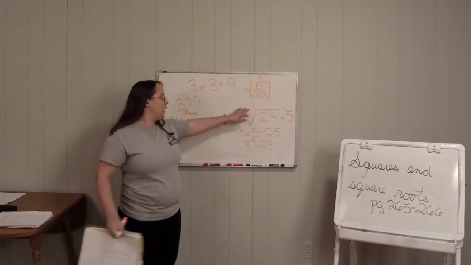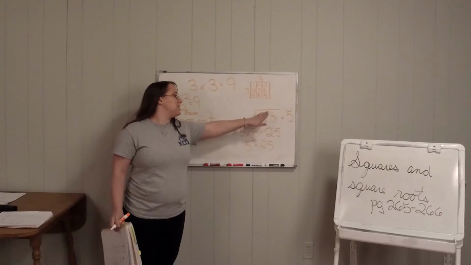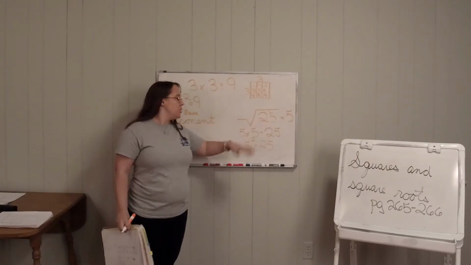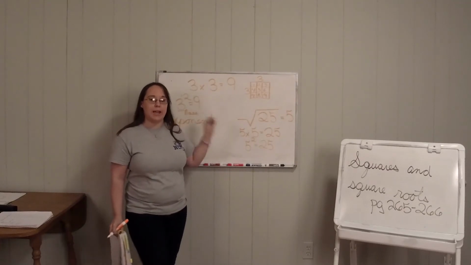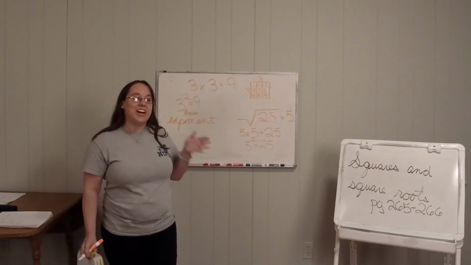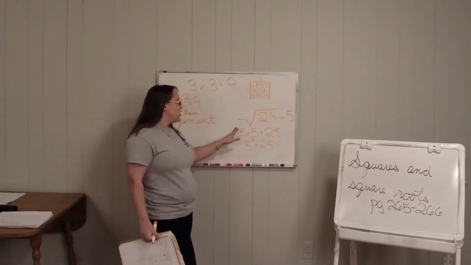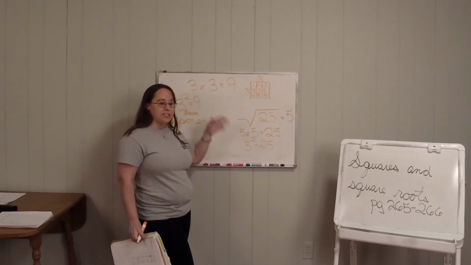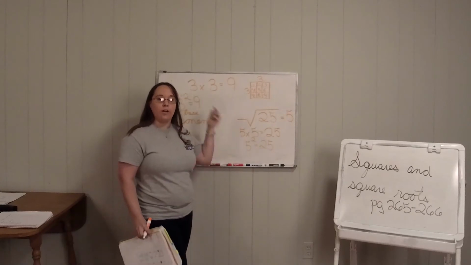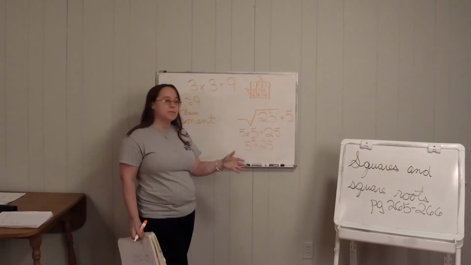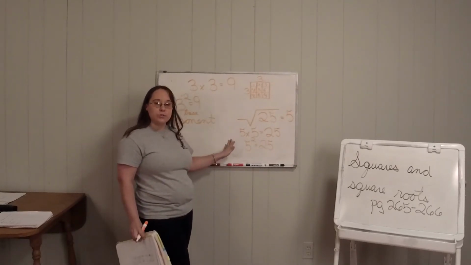When you see the square root, it just has the number first. So these are your double multiplication facts that have the same exact number, like 1 times 1, 2 times 2, 3 times 3, 4 times 4, 5 times 5, 6 times 6. That's all it's using.